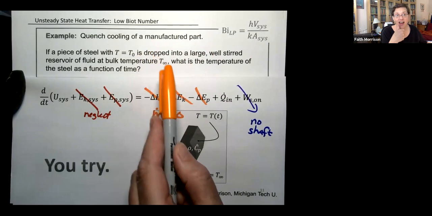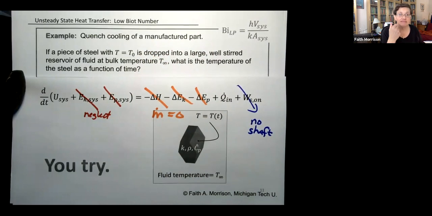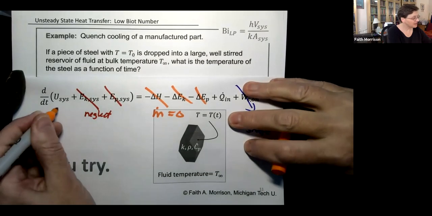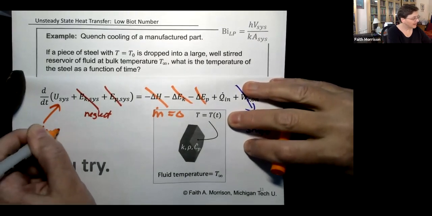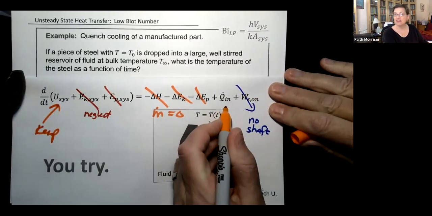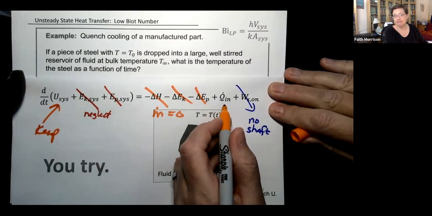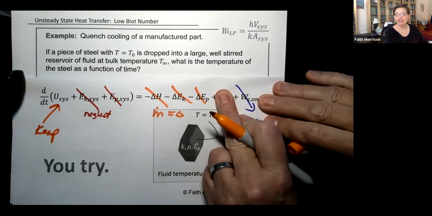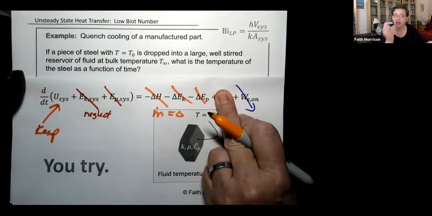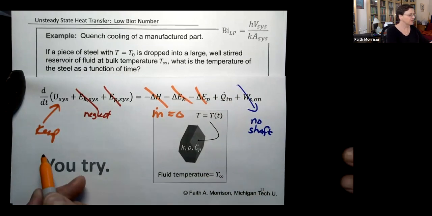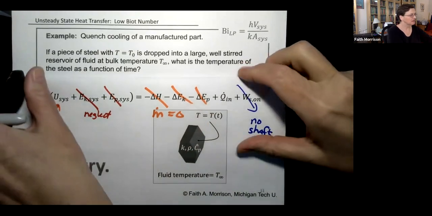It starts out hot and you throw it into a bucket. Yes, temperature is changing. Is heat crossing the boundary? Yes. If it were adiabatic, you wouldn't expect this part to come out, go into a bucket and stay the same temperature. So there has to be some Q. And so we have to sort out these two terms.